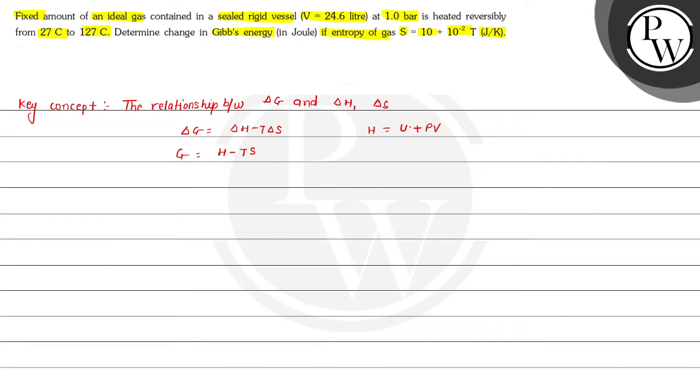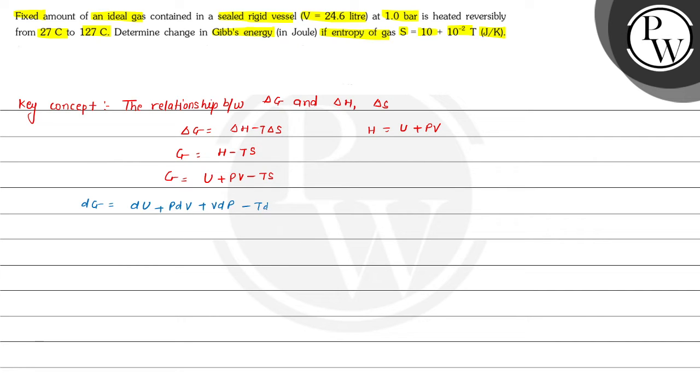Here U is equal to internal energy, so we can write that G is equal to U plus PV minus TS. So now we can write dG is equal to dU plus P dV plus V dP minus T dS minus S dT, where dV is change in volume and dP is change in pressure.